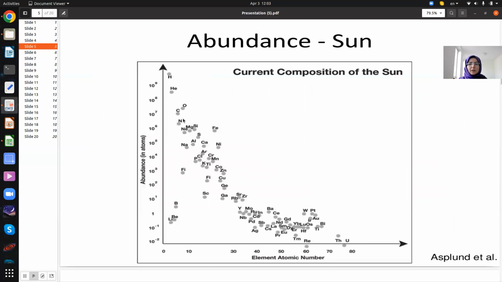Here you see the abundance of elements in the sun. Here it is element atomic number, and here abundance in atoms. As you see, we have hydrogen and then helium, and then we do not have iron. Then we have oxygen, carbon, nitrogen, other elements, and then iron.